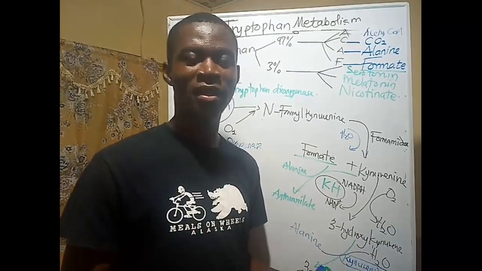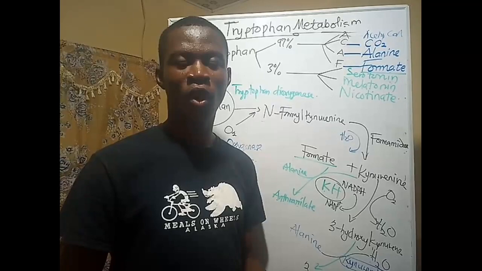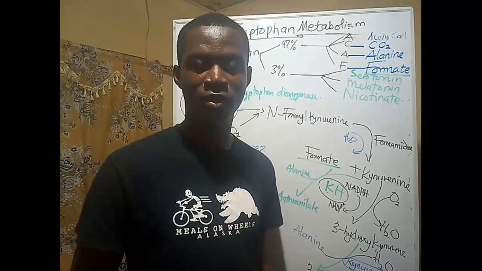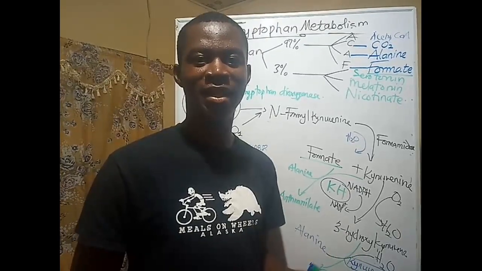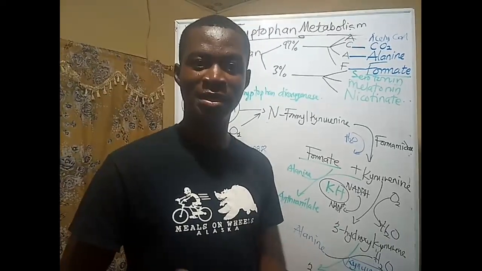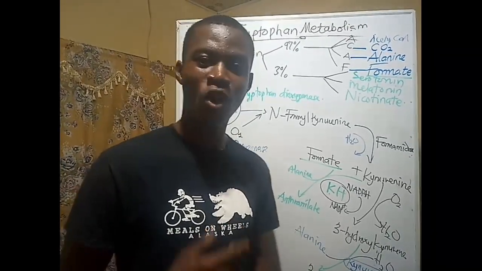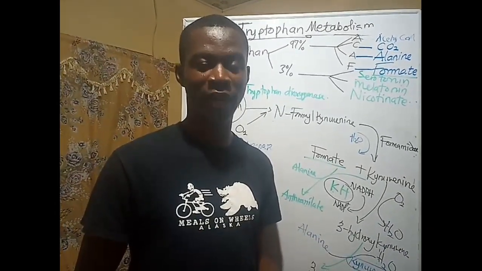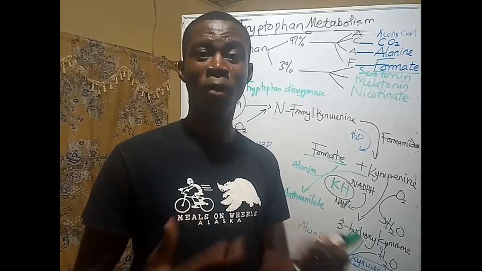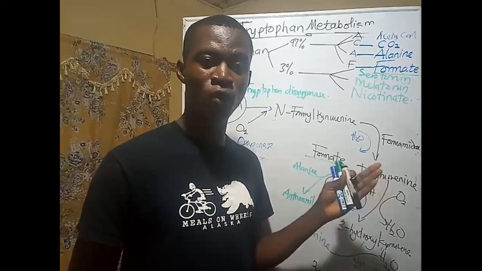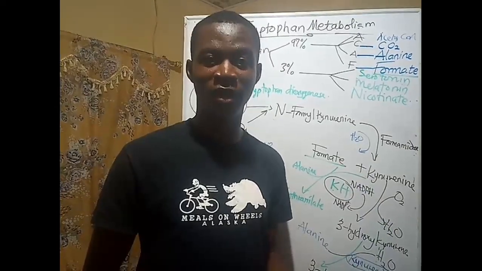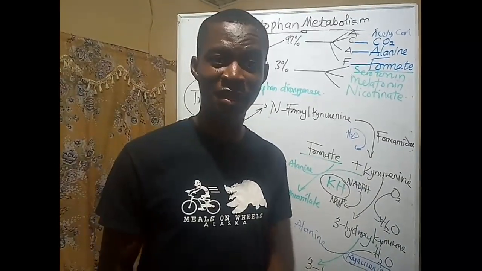And insulin will trigger amino acids entering the muscles, and that will lead to a reduction in the load of amino acids in the blood, and hence the competition with tryptophan will reduce. So tryptophan will be able to get through the blood-brain barrier and eventually be used by the brain, and you eventually feel sleepy.